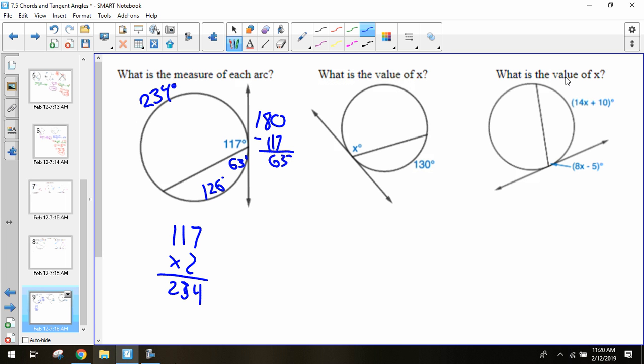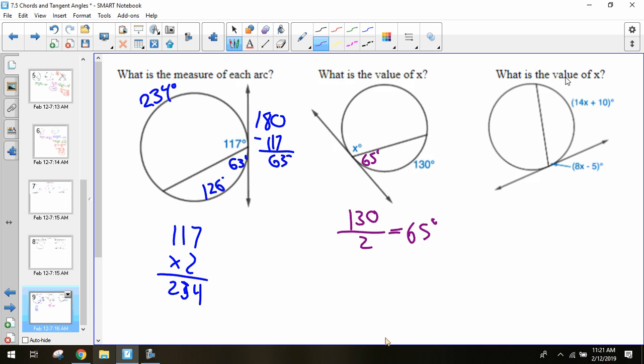All right, so what about solving for x on that second one? What would you try? 130 divided by 2 is 65, and that gives you this angle in here.